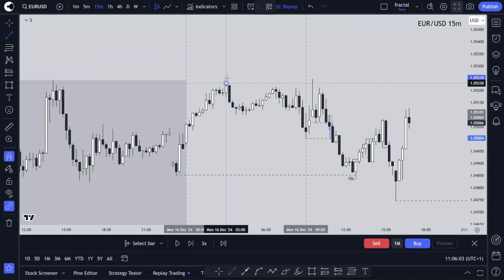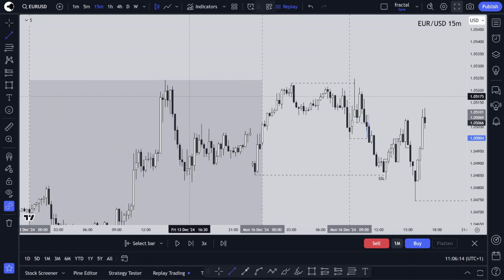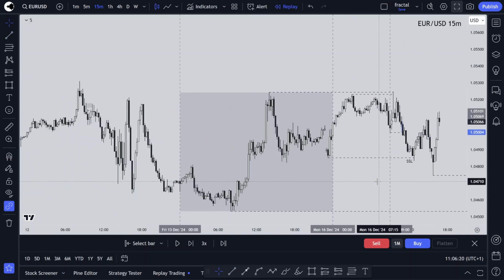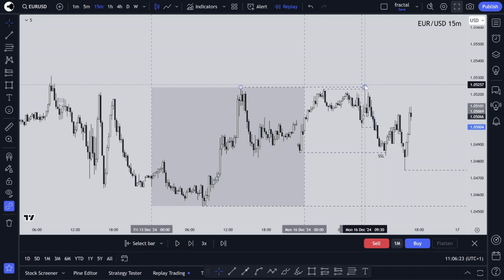So this was the high of the day built during the Asian session, and as you can see, this candle took out liquidity from here, but also from the high of the previous day, that was of course Friday. Okay, so this level was really important and relevant for me because of this reason.